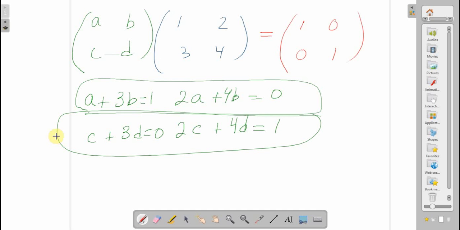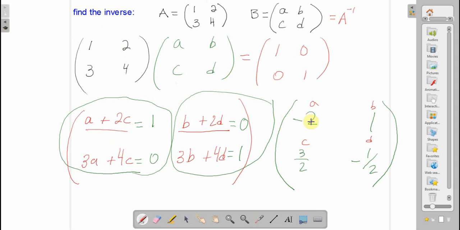You should be able to solve for this, and you'll find that you get the same values. If you get the same values for A, B, C, and D, then indeed this is an inverse of A. So the last test that we do, so we got minus 2, 1, 3 over 2, minus 1/2.